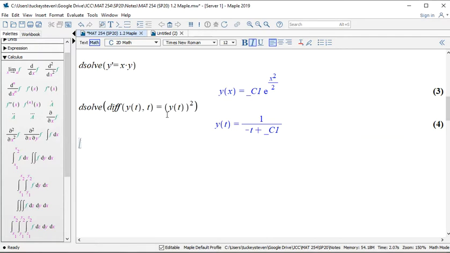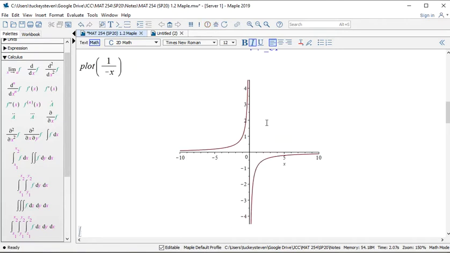So it checks out. The only problem is that every single one of these solutions right here, if you were to imagine what these look like, they look like the graph of, if you imagine 1 over negative x, something like this, you wind up with a solution that looks like this.